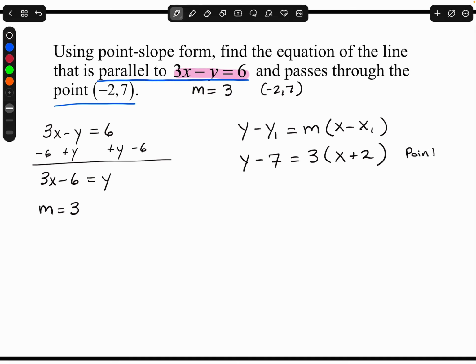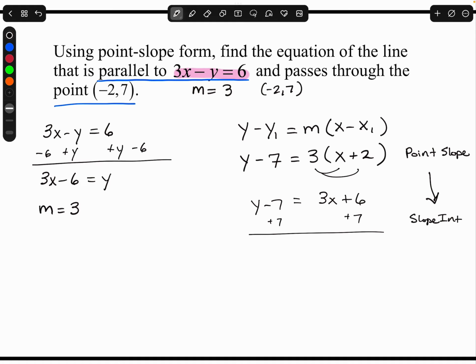Okay, now what we could also do here, say they asked you for slope-intercept form instead of point slope. You could use point slope, and then to turn it into slope-intercept form, just simplify it. Distribute your 3 through, right? You'd have 3x plus 6 is equal to y minus 7.